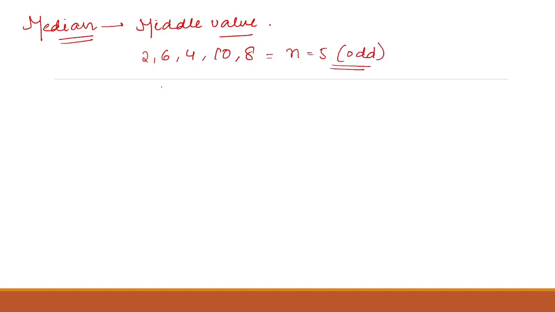For this type of value, the median is the x of (n plus 1) by 2 term. Here n is 5, so (5 plus 1) by 2 gives me the third term.